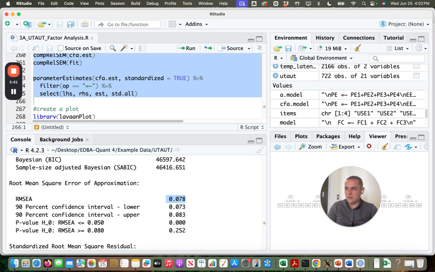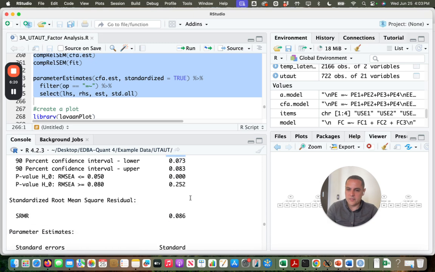Generally, less than or equal to 0.08 would be good or acceptable, and less than 0.06 would be good or better, right? So we're at just less than 0.08, and the lower the value, the better for us. Just want to reiterate that. So we're kind of on the cusp there.